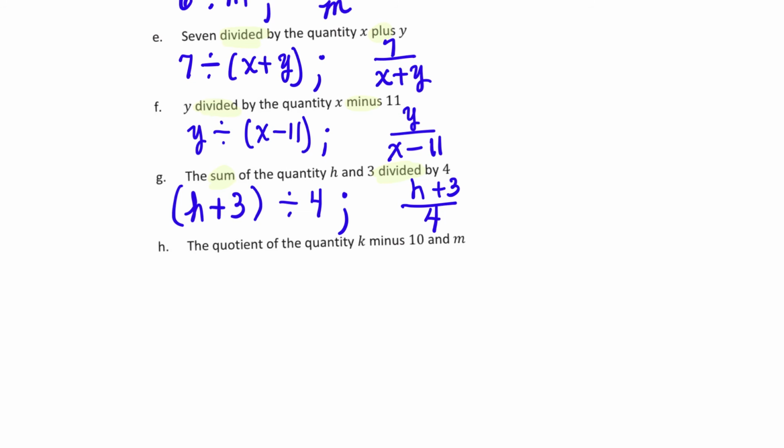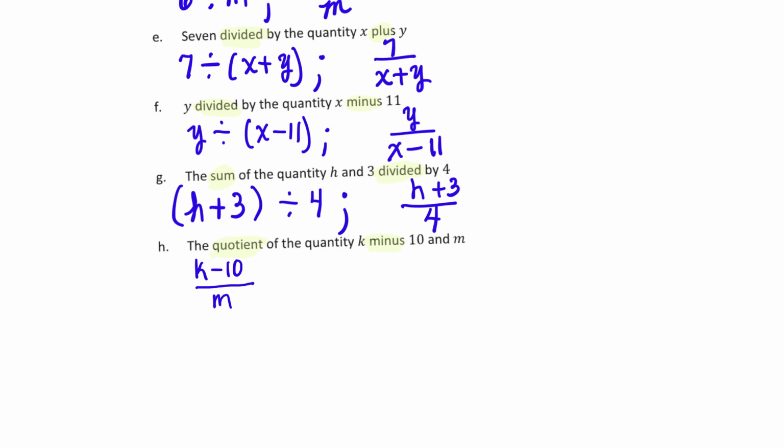Let's look at the last one from this page. The quotient of the quantity k minus 10 and m. One more time. The quotient of the quantity k minus 10 and m. Go back and highlight your keywords. That really might help you. And then minus. Some of these words are very obvious. So the quotient of the quantity k minus 10 and m.